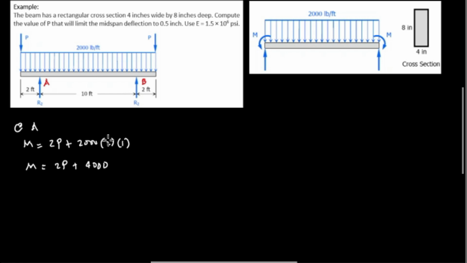Now that we determined the end moment at A and point B, that's 2P plus 4,000, or equal to M. So this is the diagram, so that's M, and it is counterclockwise direction, and the other one is clockwise direction. The cross section is 4-inch wide and 8-inch depth. So we'll find first the moment of inertia.